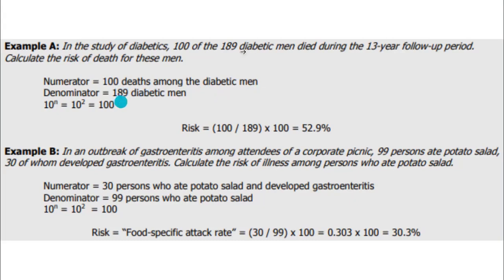Why 189? Because it refers to the total number of diabetic men enrolled in the 13-year follow-up period. Since this is a proportion, it is better expressed as a percentage, so the factor we use is 100.